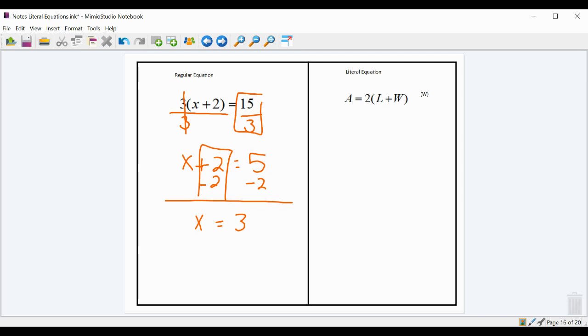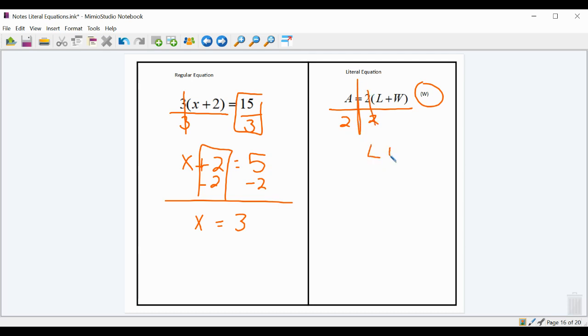So now with the literal equation, you see an A, you see an L, you see a W. They're telling us here we need to solve for this little fella right here, which is inside of parentheses, and it's also being doubled. So let's take away that double, because whatever I do to the left, I'm going to divide this by 2.